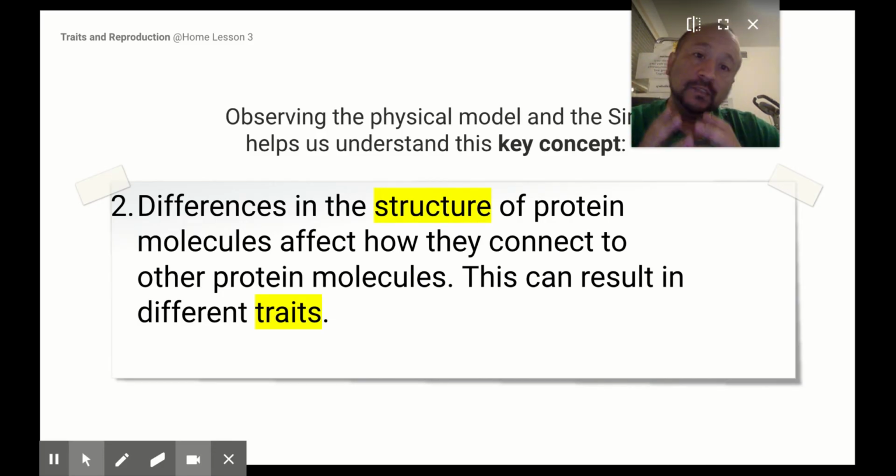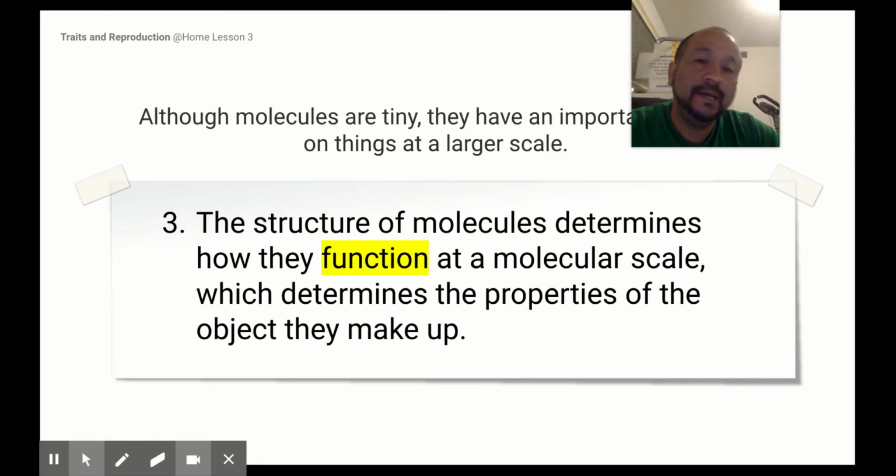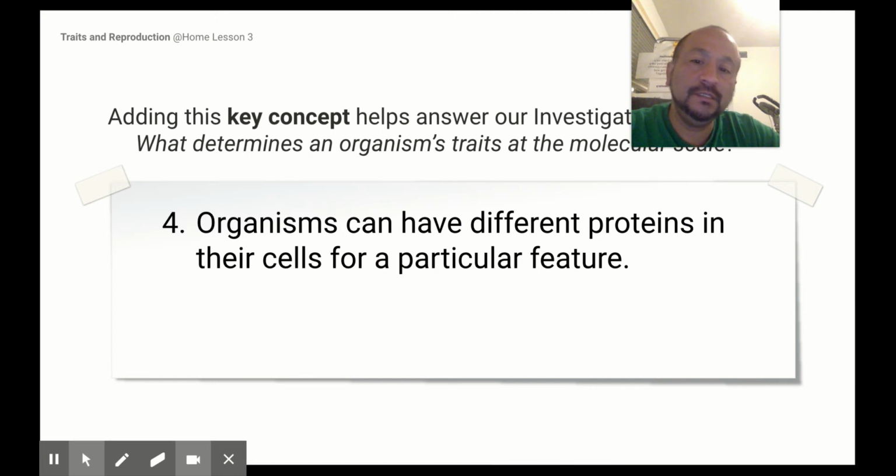It's how something is formed. Differences in the structure of protein molecules affects how they connect to other protein molecules. This can result in different traits. The structure of molecules determines how they function at a molecular scale, which determines the properties of the object they make up. And remember, organisms can have different proteins in their cells for a particular feature.